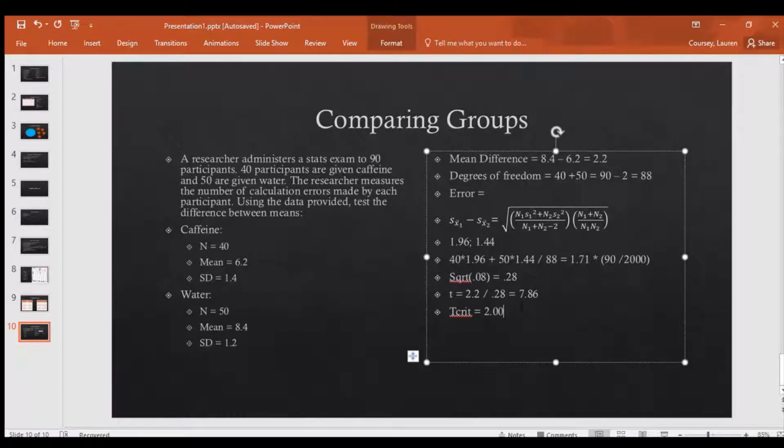And so our decision would be to reject the null that states that these two groups come from the same population, have the same mean. And instead, we're saying that there are significant differences in calculation errors between our groups, between the caffeine and water groups.